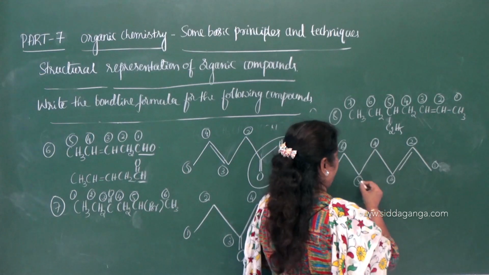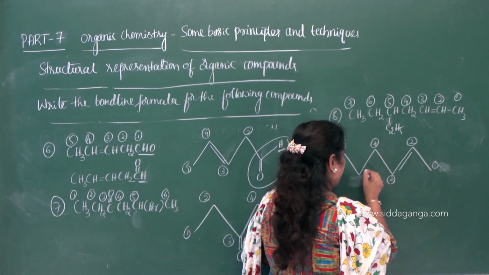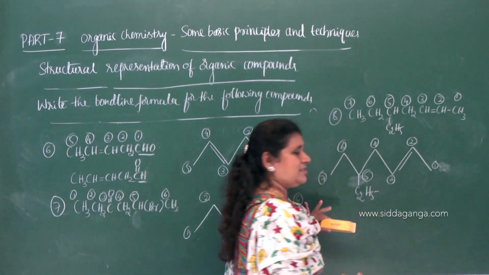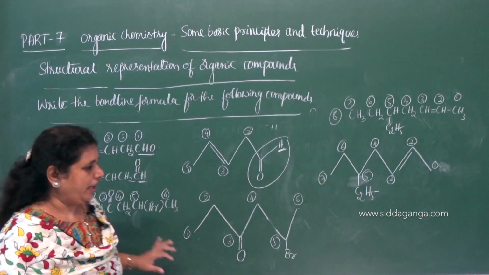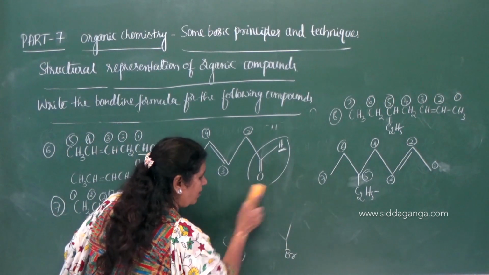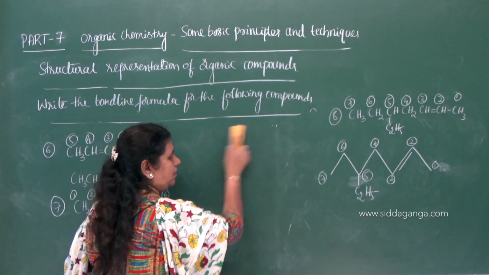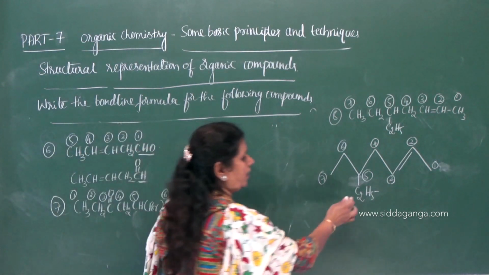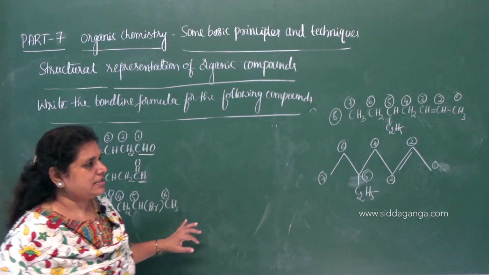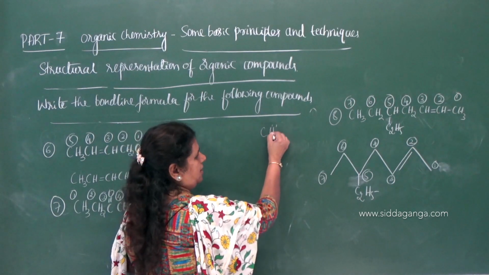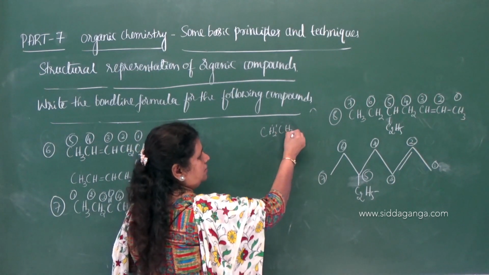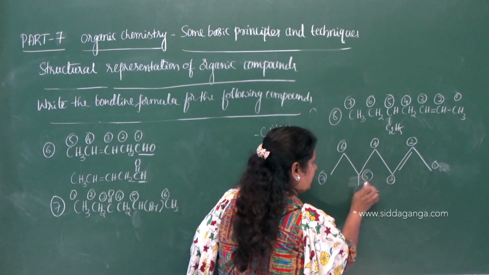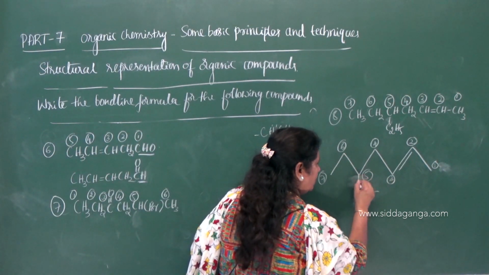At the fifth carbon we have an ethyl group. Since in a bond line formula we cannot use carbon and hydrogen atoms, then how to write this C2H5? As I said, C2H5 can also be written as CH2CH3. Therefore, you can represent this in this way.